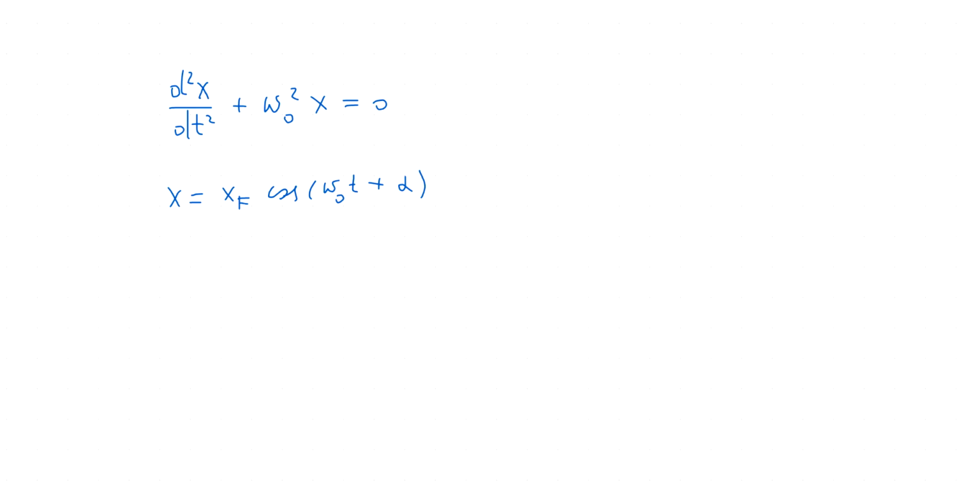As you can remember, cosine is a periodic function, and its period is equal to double pi. This is the period of cosine.